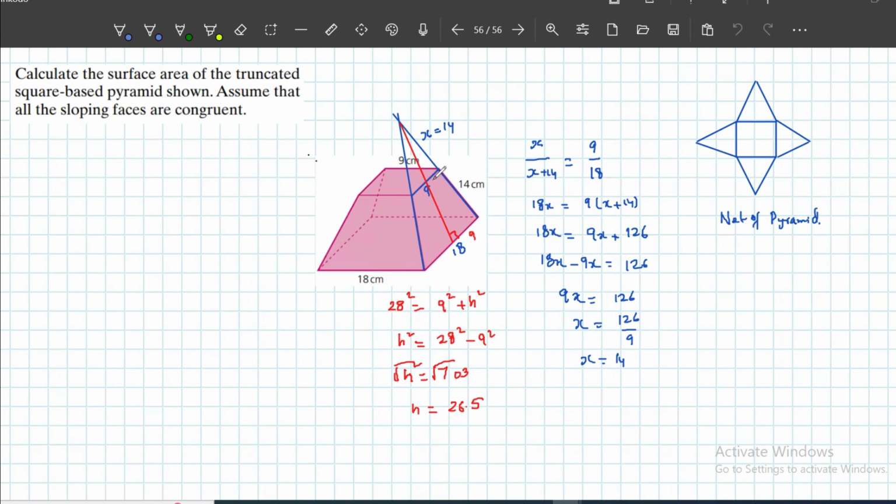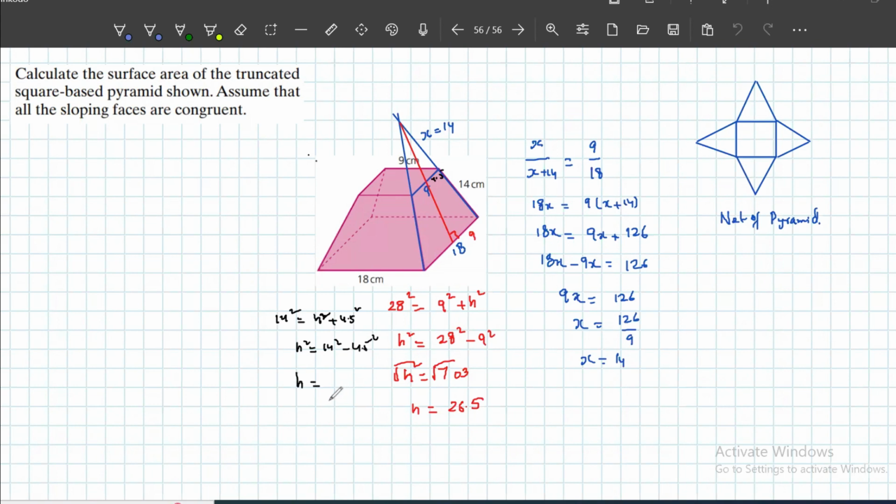In the same way we have to find the height of the smaller piece as well, and this side is half of 9, which is equal to 4.5, and then we can say that 14 square is equal to h square plus 4.5 square, which is h square equals 14 square minus 4.5 square.